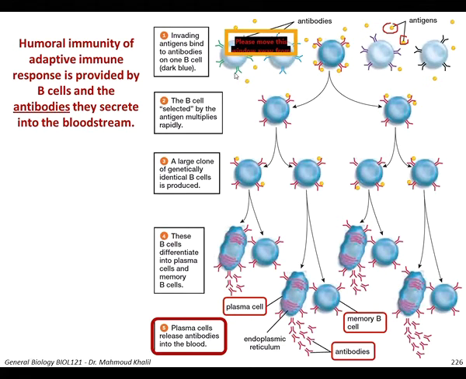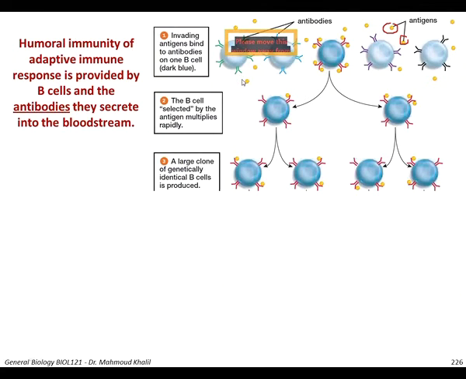Okay, so you can see here one of the very important clues in the figure. It is represented initially by 5 different B cells. All of these B cells are expressing antibody on their surface. But you can see the color coding, the different antibodies are represented by color coding.